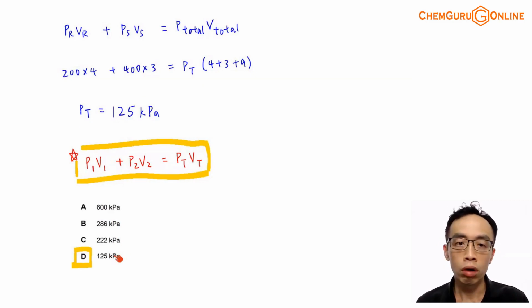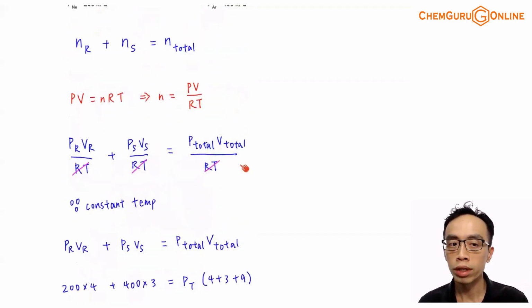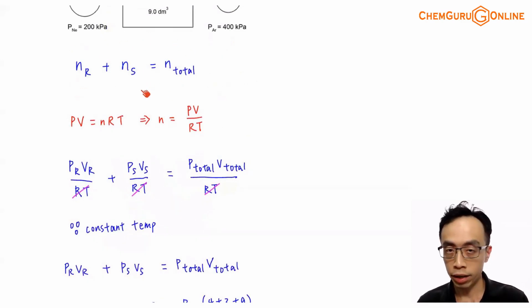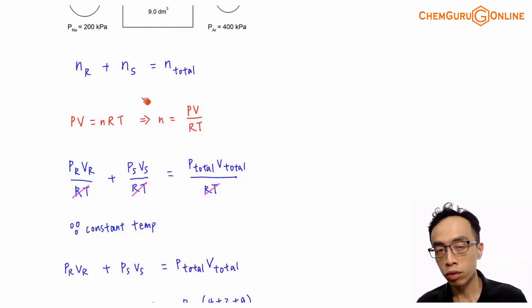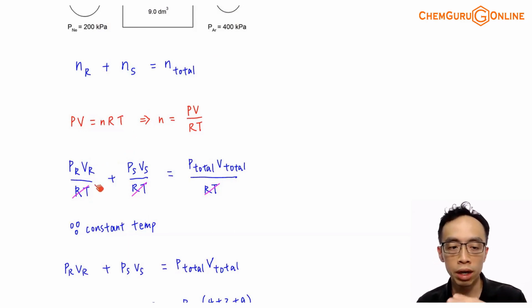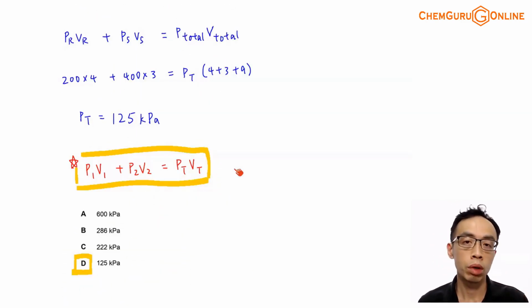What we can take note of is that we don't always need to start off with the number of moles, then convert to PV over RT, and cancel away the gas constant and temperature. In the scenario where we have two gases, each with its own pressure and volume, and the gases are allowed to mix, what happens to the total pressure?